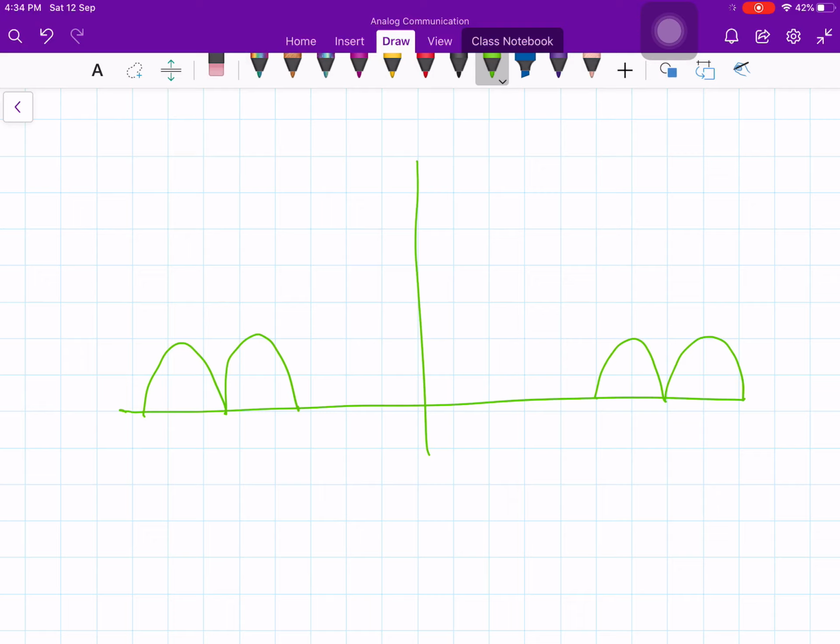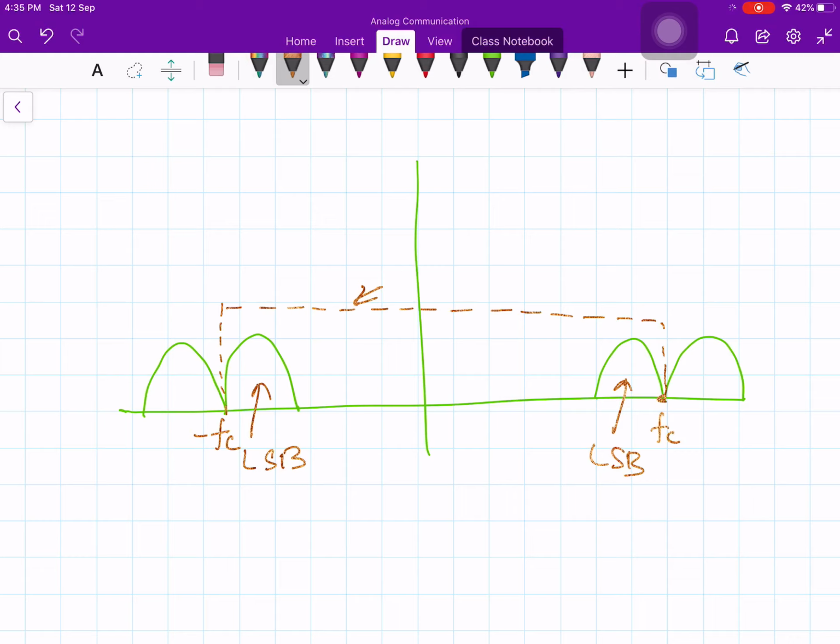Let's say you do it through a low pass filter. So you put a low pass filter like this and retain the lower sideband. I should have this kind of characteristic or transfer function. The transfer function should have a perfect transmission up to the carrier frequency Fc, from minus Fc to Fc. It should have sharp cutoff.